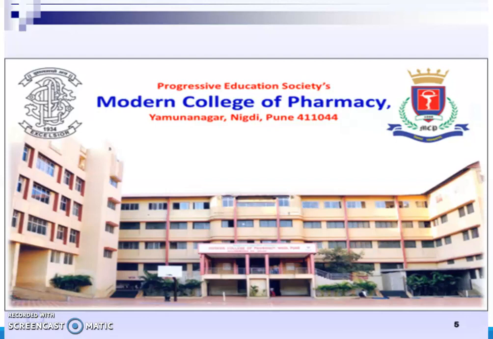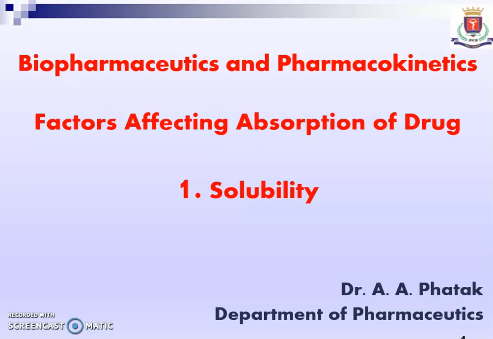We are going to discuss today factors affecting absorption of drug. Very specifically, in these factors affecting absorption of drug, we have classified the factors into various classes. From these various classifications, the first and important factor is physicochemical properties of the drug.